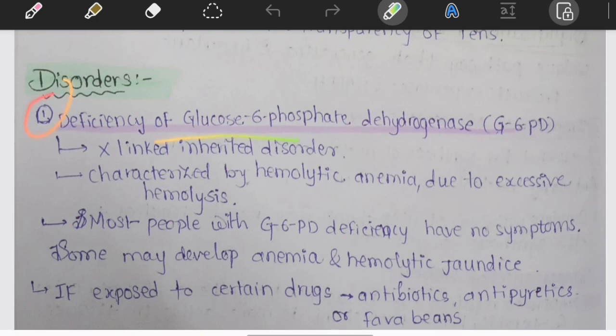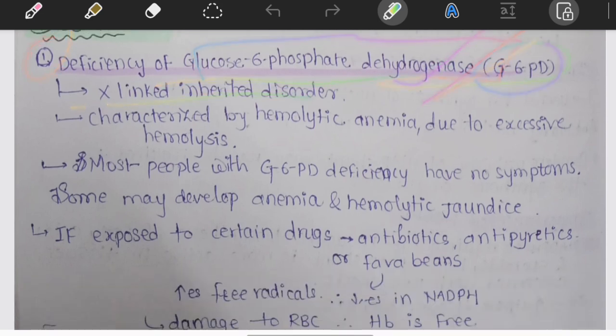First is deficiency of glucose 6-phosphate dehydrogenase, the first enzyme required in the HMP shunt. It is an X-linked inherited disorder characterized by hemolytic anemia due to excessive hemolysis.